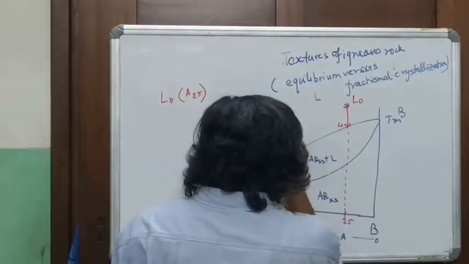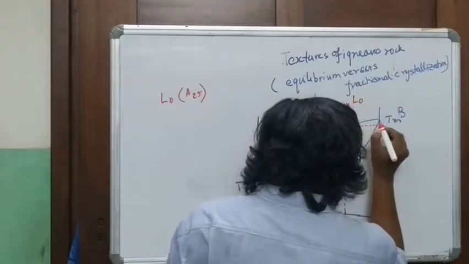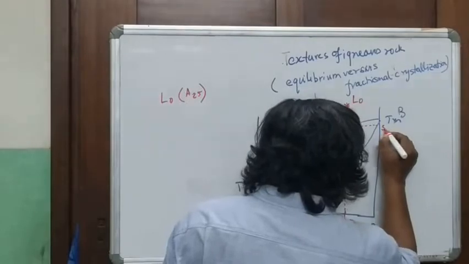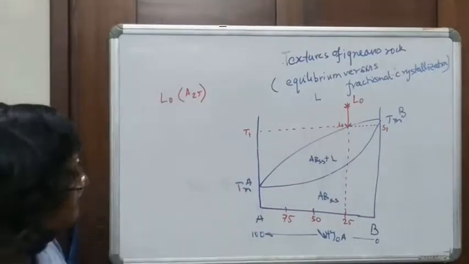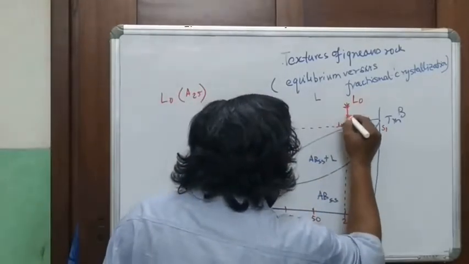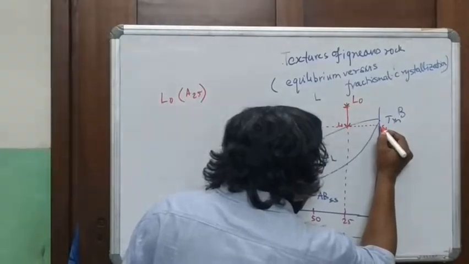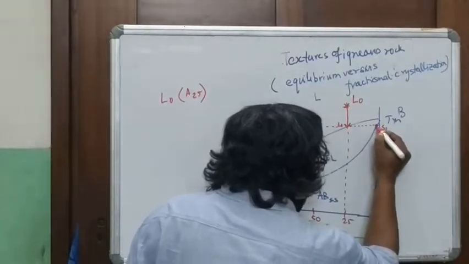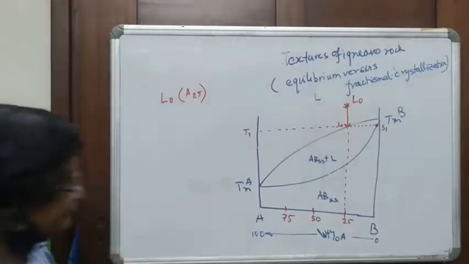So at this temperature, it splits into S1 at temperature T1. At temperature T1, you generate a liquid L1. L1 remains almost the same, but small amounts of S1 crystals have separated out, nucleate from the melt.